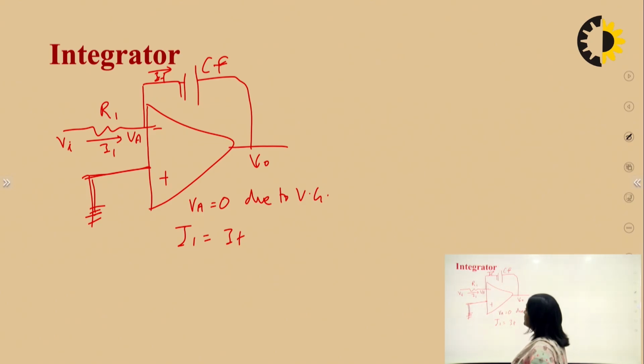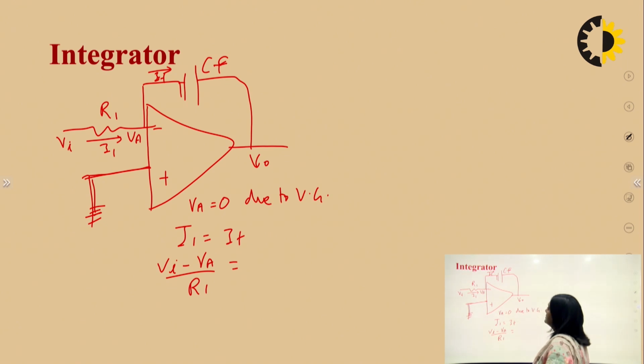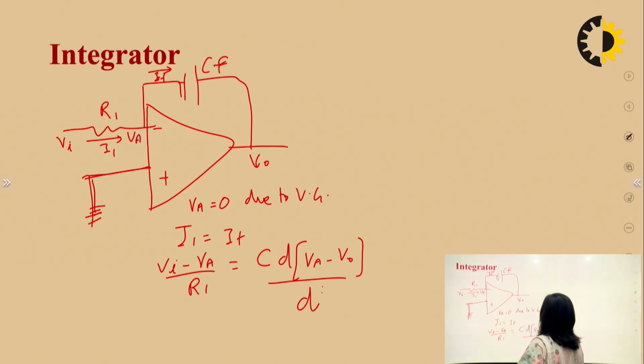Now how can we find the value of I1? That's equal to VI minus VA upon R1. The current through the feedback capacitor is given by C dV naught, that is VA minus V naught, upon dt.